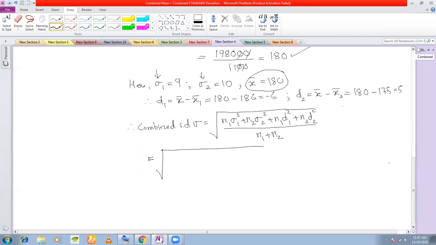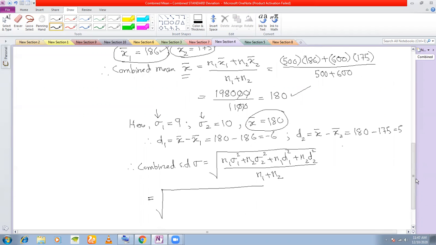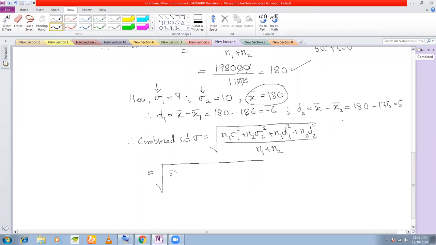N1 was 500, sigma 1 9, n2 was 600, sigma 2 was 10, plus n1 again is 500.